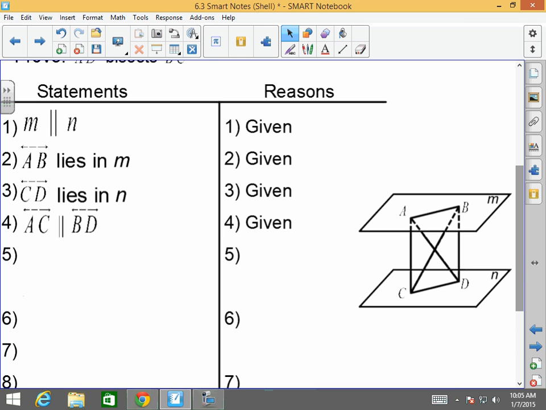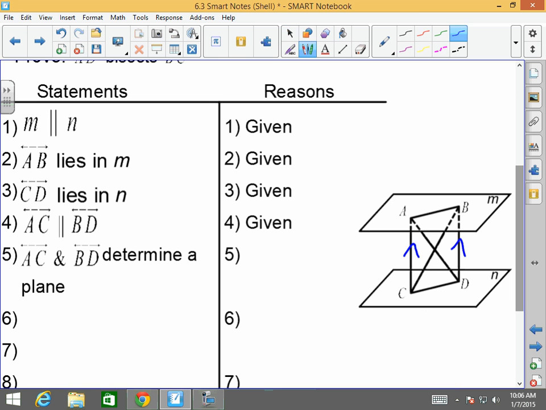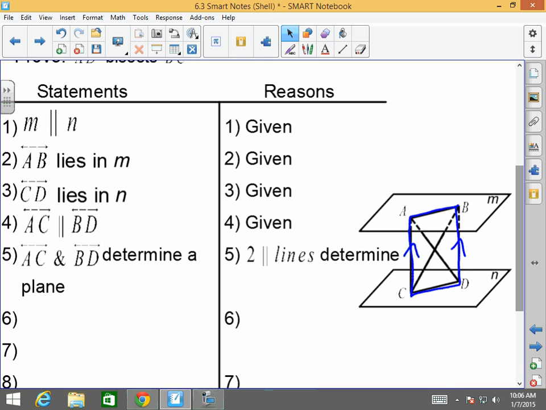That is also given. From here we can determine that AC and BD determine a plane. So this right here is a plane itself. Why? Well, two parallel lines determine a plane. We learned that yesterday.